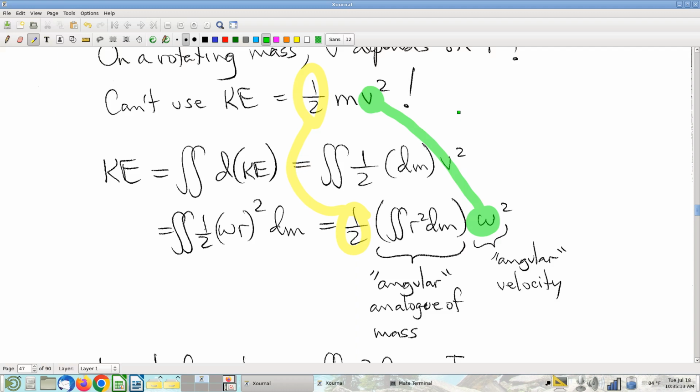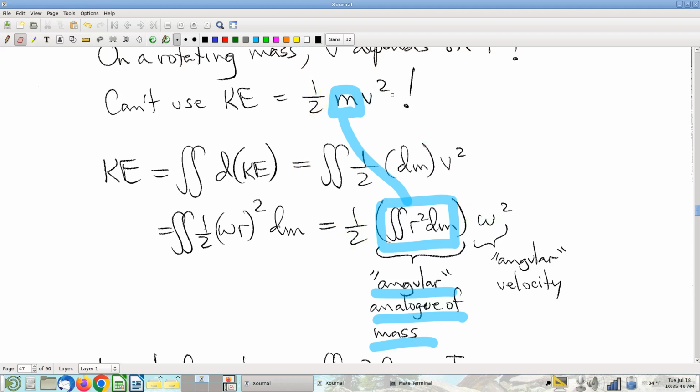And that's highly suggestive that this thing right here, which we entered this calculation with no plan for addressing, just showed up in the calculation itself. I didn't do it, right? Whatever this thing is, it's the angular analog of mass. It's playing the exact same role that mass did in the kinetic energy formula, just in an angular sense instead of a linear sense. So that's what you want to think of this expression as being: an angular analog of mass.